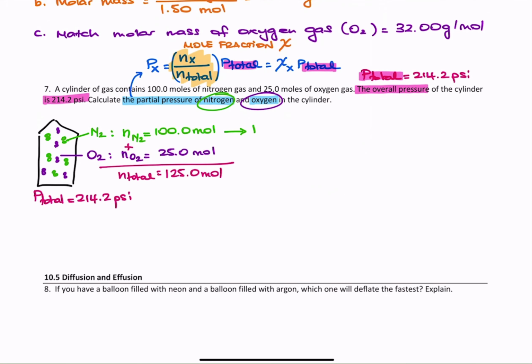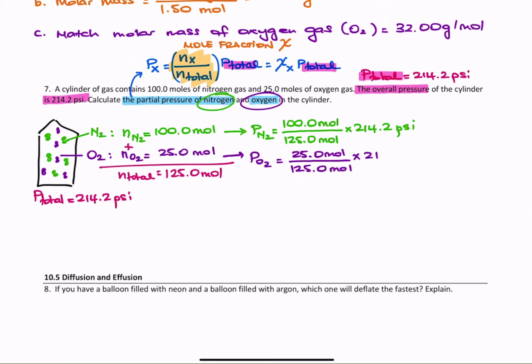We can easily find the partial pressure of N2, which is going to be the number of mole of N2, 100.0 mole, over the total number of mole, 125.0 mole, times the partial pressure, 214.2 psi. The partial pressure for O2, similarly, following the formula, will be the number of mole of O2, 25, over the total number of mole in the container, 125, times the total pressure.